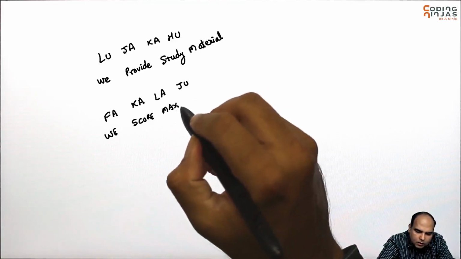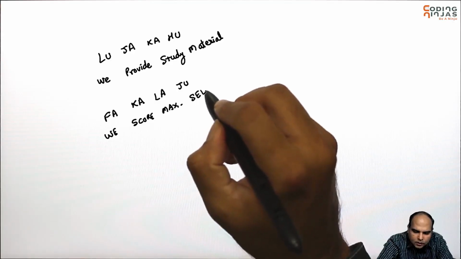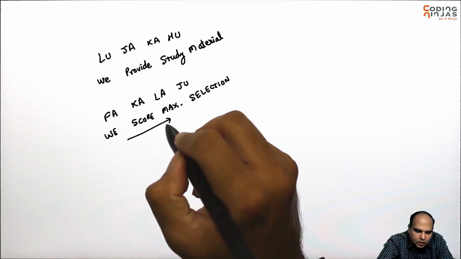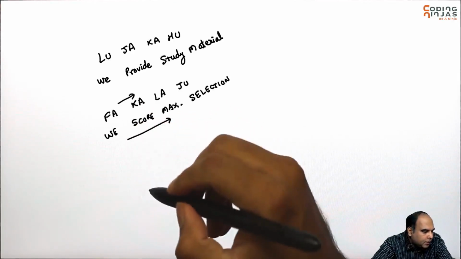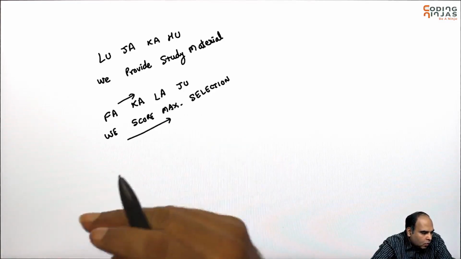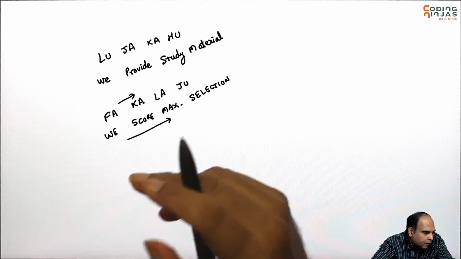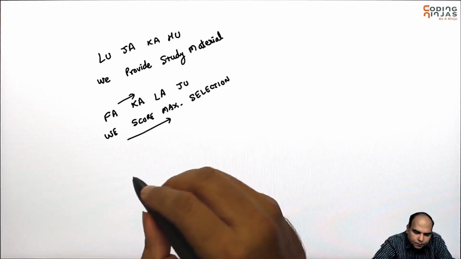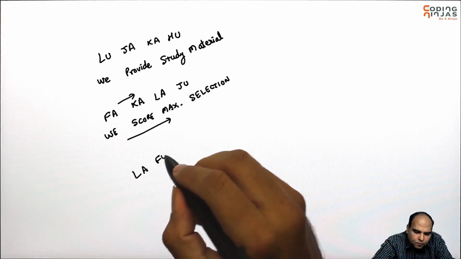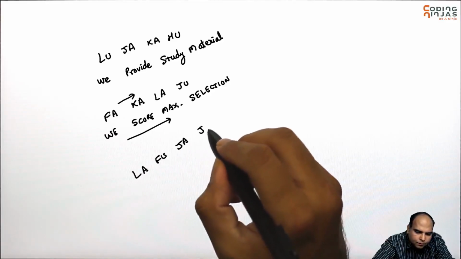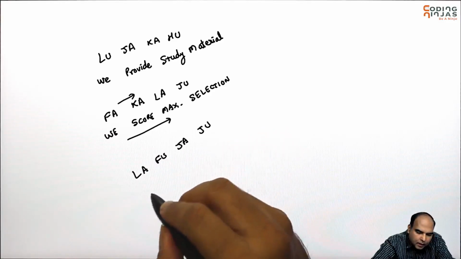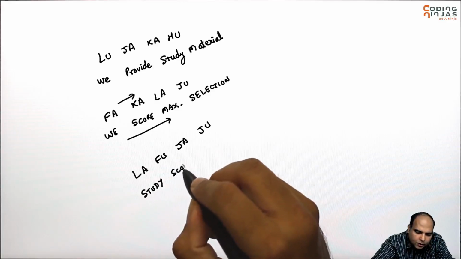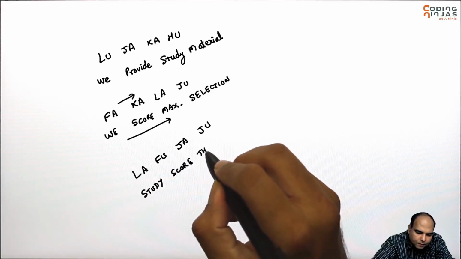Please know this, that in these questions, the ordering of the English language and the code need not be the same. So the codes are intermingled between them. And La Fu Ja Ju means study score the selection.